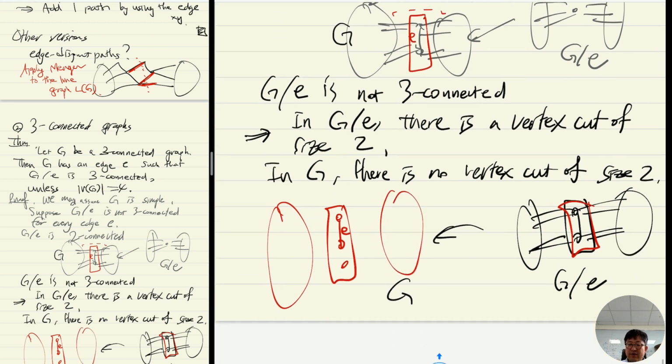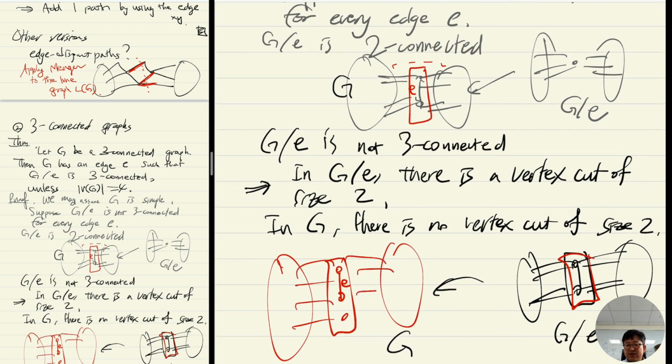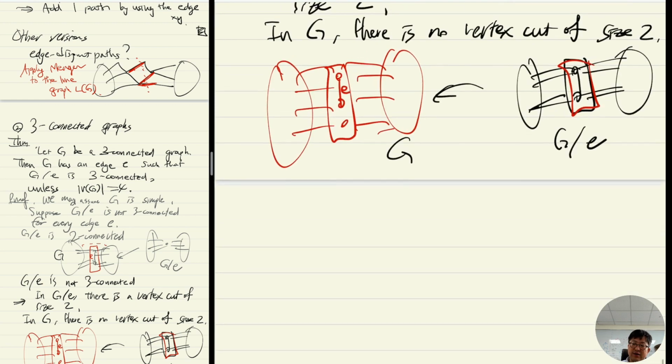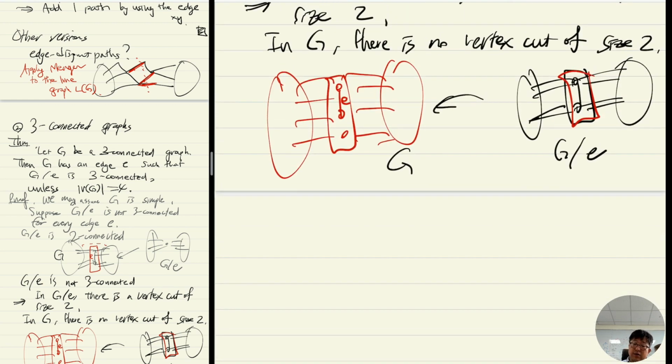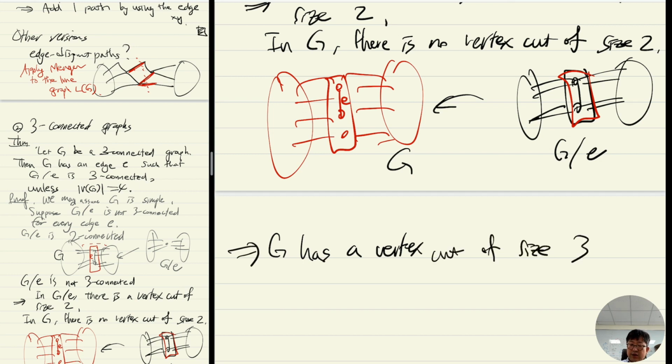So you must have a vertex cut of size 3. So G has a vertex cut of size 3 containing both ends of E.